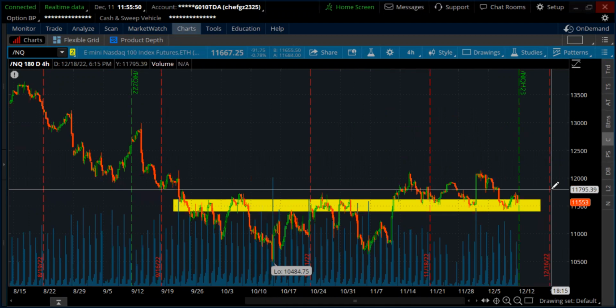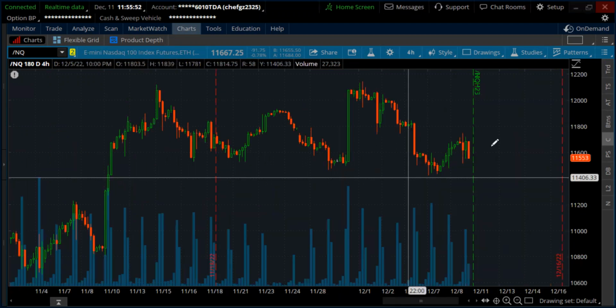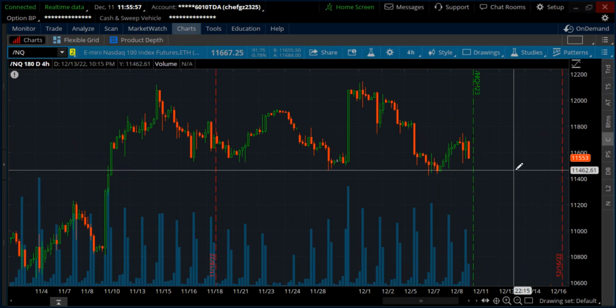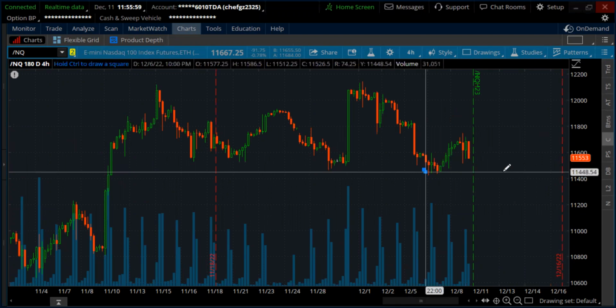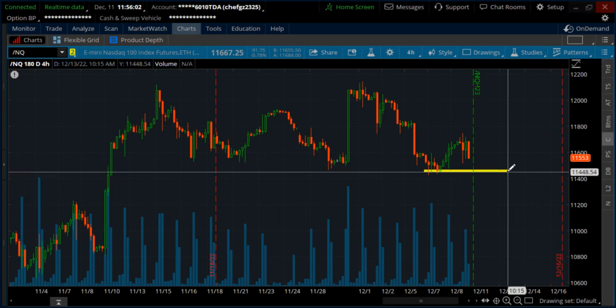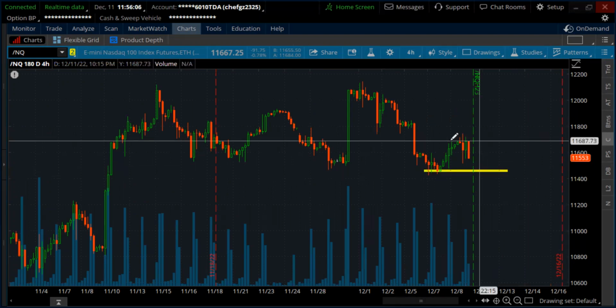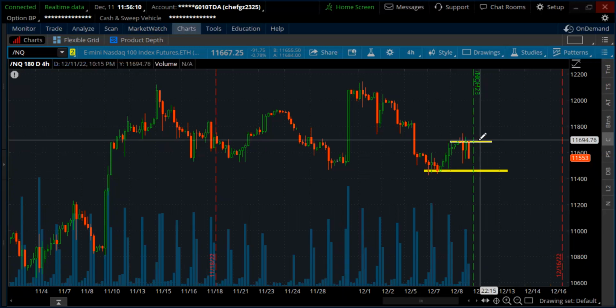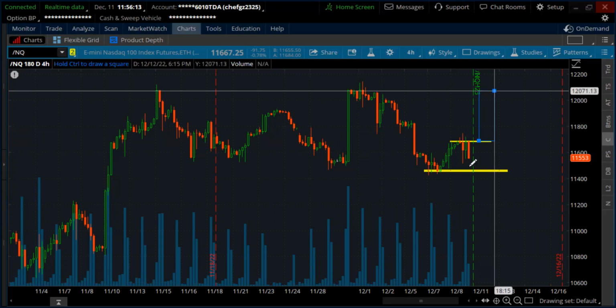We're just chilling. So for this one, it's a little bit easier because we have a nice level right here. What's wrong on this? Right here, the 11448, and then the top of this, basically. That's it. So break above here, we're going back up to that base.